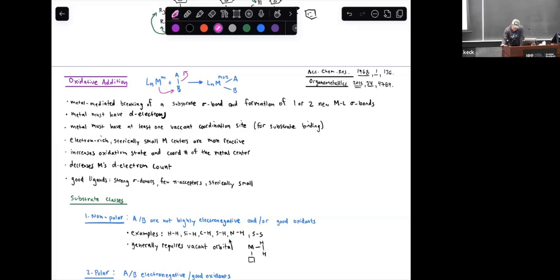So you're donating electron density into the sigma star antibonding orbital to break the A-B bond, and then the A will reassociate as the ligand. So you can see that in effect, we're trading one sigma bond for two sigma bonds, a substrate sigma bond for two metal-ligand sigma bonds.